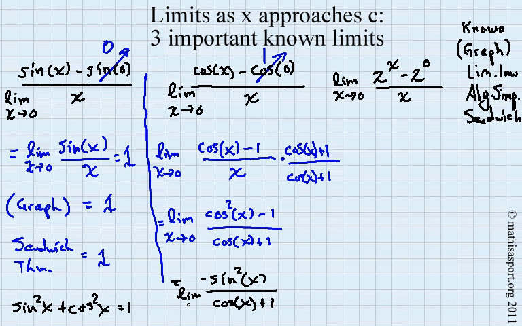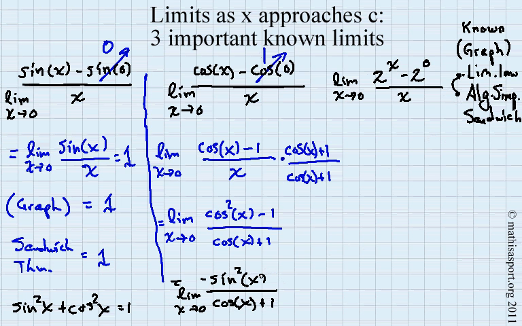Now what about the limit of this as x goes to 0? Well, here we can use the limit laws. We did an algebraic simplification. We used the limit laws. We can turn this into, first the quotient limit law, then the product limit law on top, and the sum limit law on the bottom.